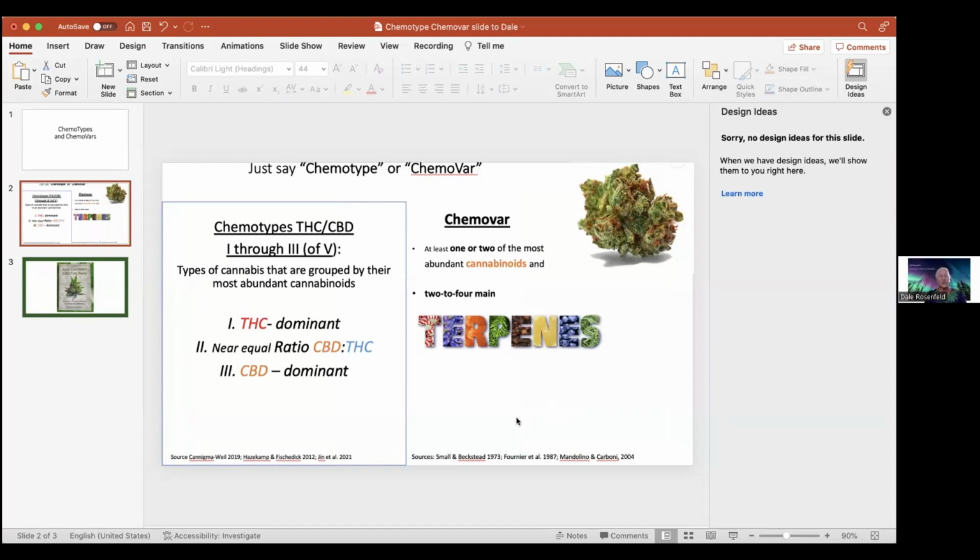CBD to THC. So if I have a higher ratio of CBD to THC, we're saying there's 20-1 CBD to THC is how it would be expressed. Yes. Versus if it was THC dominant, number one, it would be 1-20, because the THC is always the second part of it, correct?